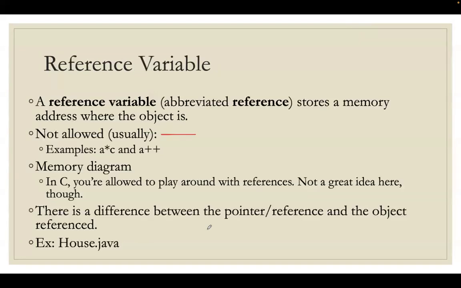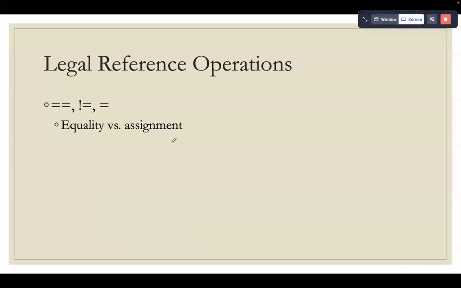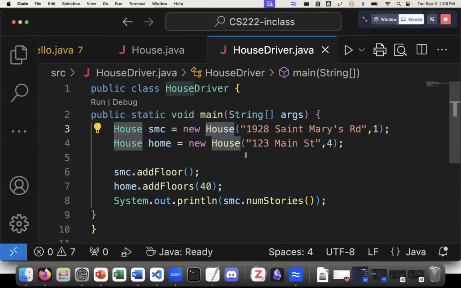Okay. In terms of things we can do, we can play around with the equality and assignment operators. Because we can't do arithmetic right now without specifying more information, we can use equality or assignment. So like we could make a new house.